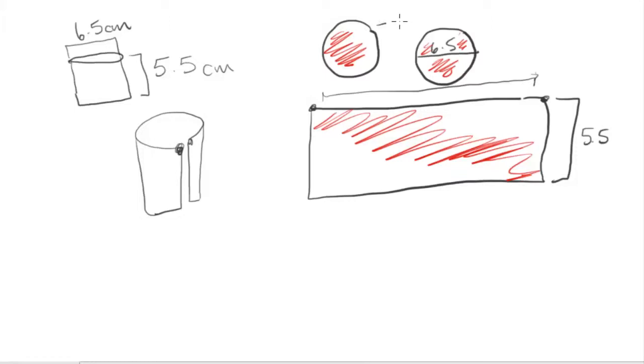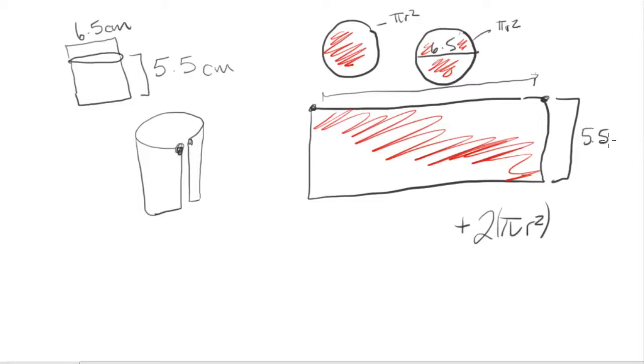Well, this is pi r squared. And that's pi r squared. So we have 2 pi r squared. We have 2 of those. Then we need to add them to this.